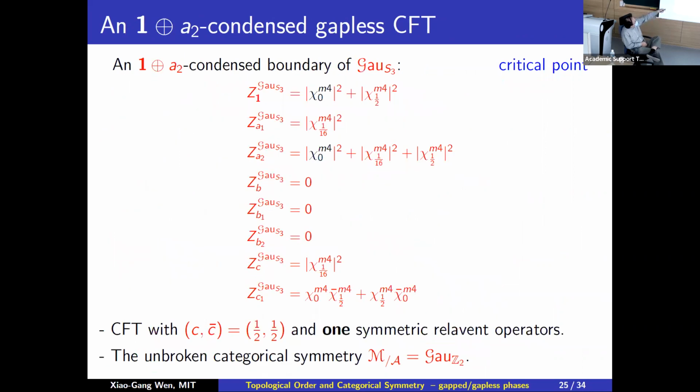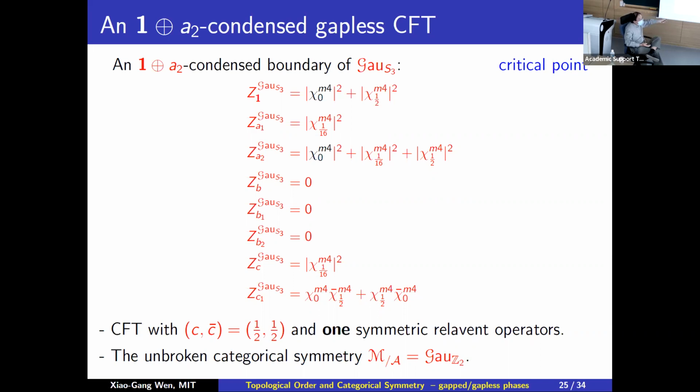Yeah, this is A2 condensation. So actually, I'm just using this 4-3 minimal model and solving this equation. This is a solution. You can see that the chi0 appears here. That's a 1. Also appears here. So that means 1 and A2 condense. This black one means which one condenses.